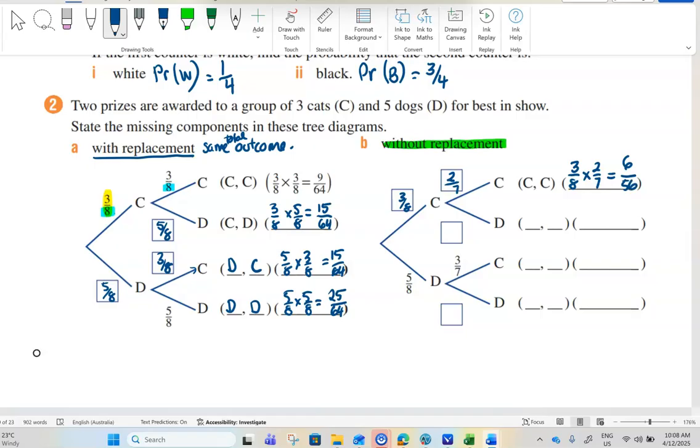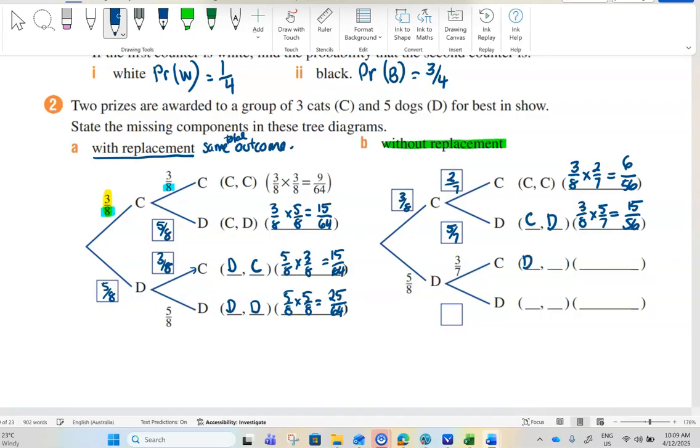Okay, if we had a cat already selected, how many dogs have we still got left? 5 out of 7, because we're not replacing it. So there's now 1 less cat. So this would be a cat and a dog. So 3 over 8 times 5 over 7. So that'll be 15 over 56.